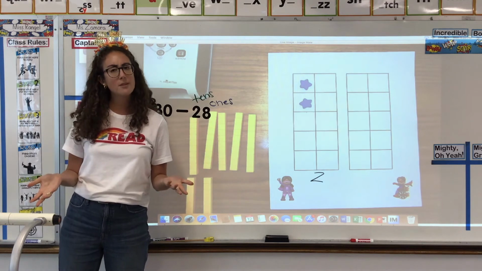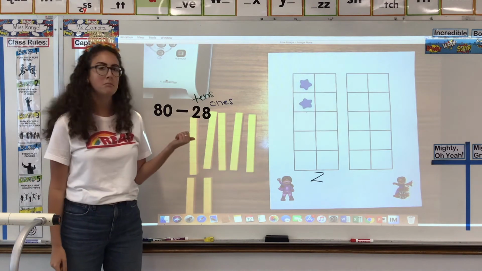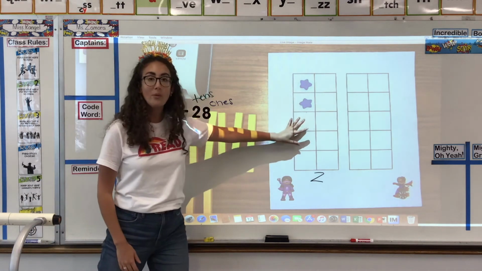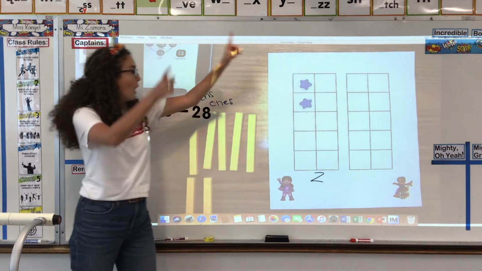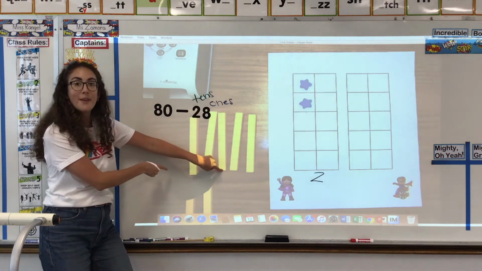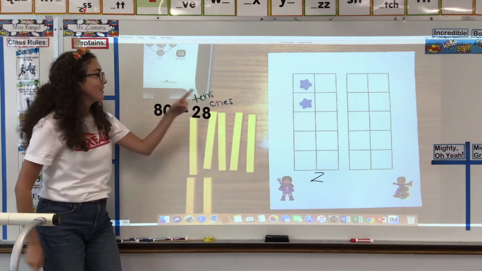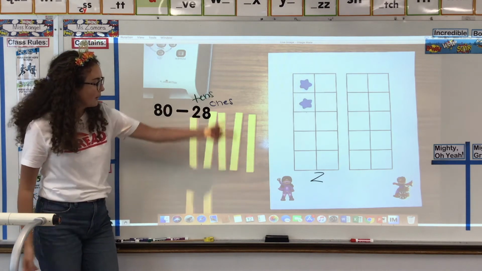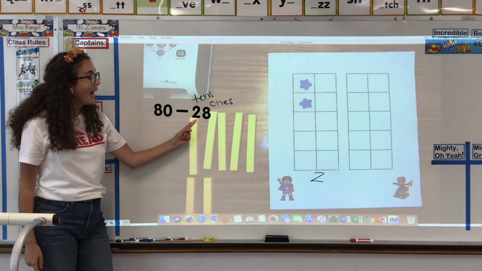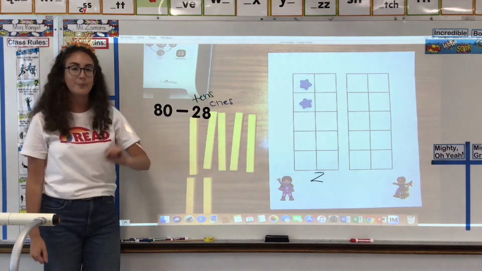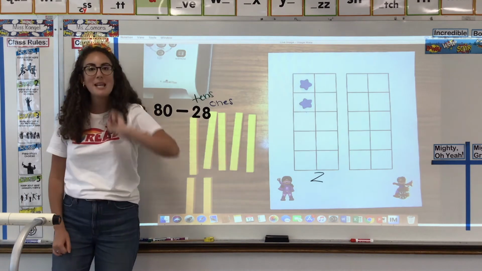Are we done, Super Scholars? No, we're not done. We only subtracted the ones, but what do we still need to do? We need to subtract the tens. We have more to our number. So, my friends, how many tens do we need to take away in this problem? 2 tens.